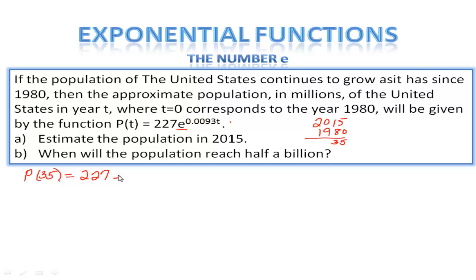What will be the population? I substitute t for 35, and if you do this in your calculator, you will get 314.3 million people. And that's the answer to letter A.